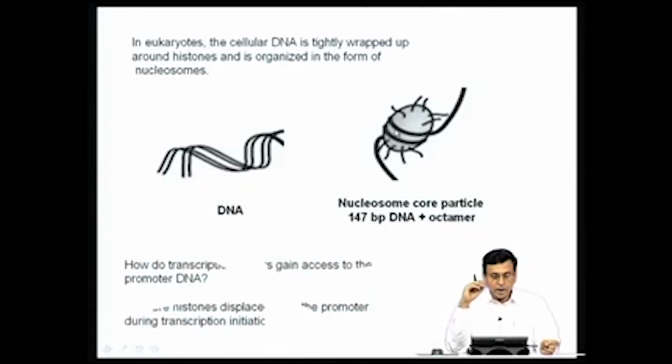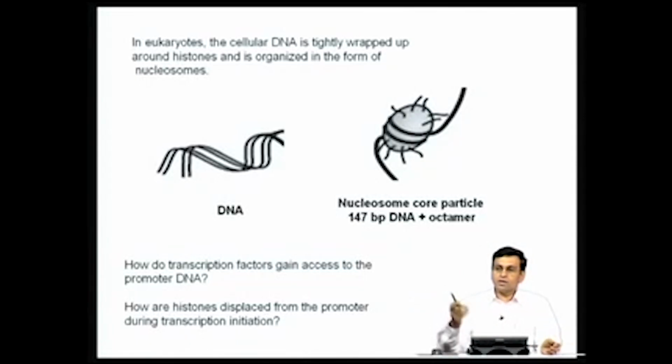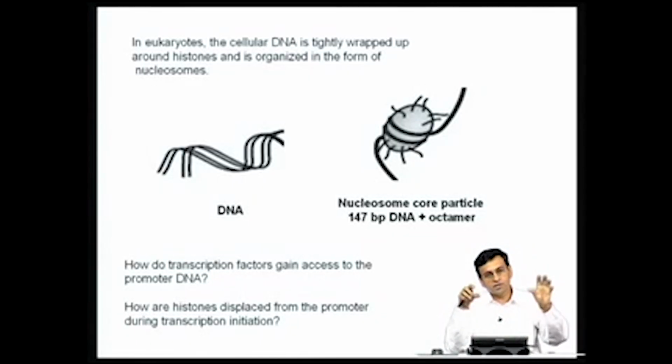So the one thing that we have to now discuss is how transcription factors gain access to the promoter DNA. Remember, so far we have not brought this issue up at all. We discussed so far as if the DNA is naked and the DNA sequences are freely available, so that TFIID can go and recognize the TATA box or other core promoter elements, and transcription factors can bind to the upstream sequences, and then they interact and it can result in transcription activation.